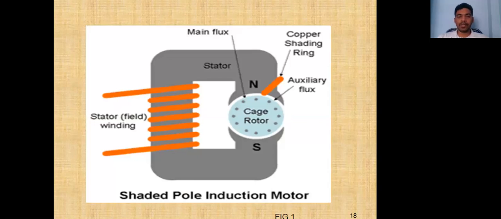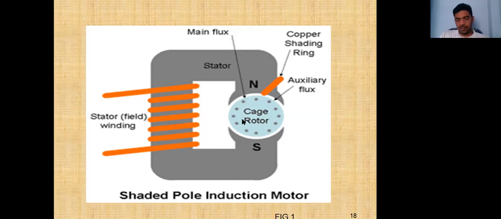Shaded pole induction motor. This is the stator field winding. This is the rotor. So this is the north pole and south pole. These are the copper shading rings present in the pole itself.